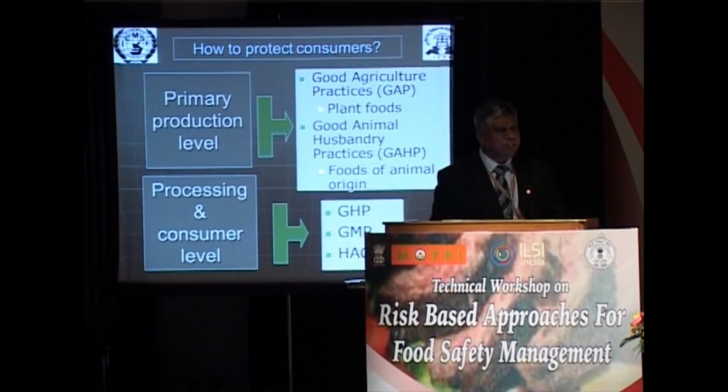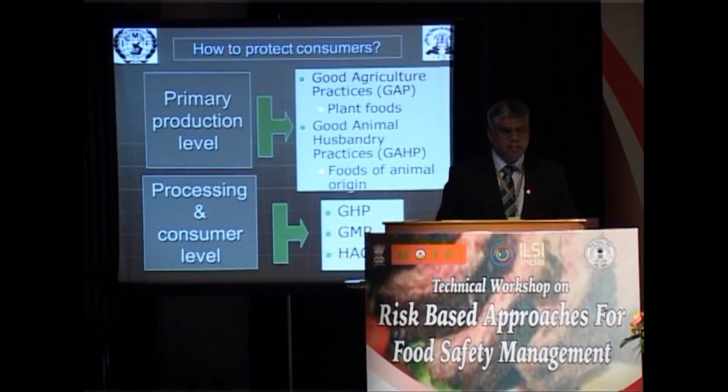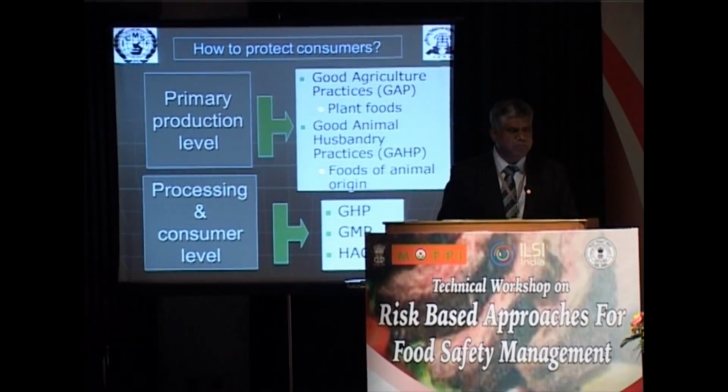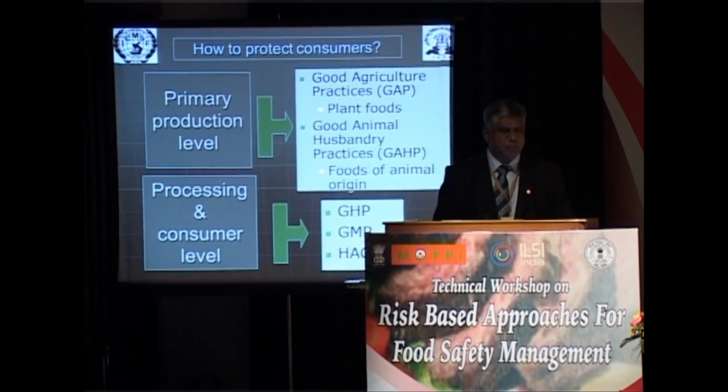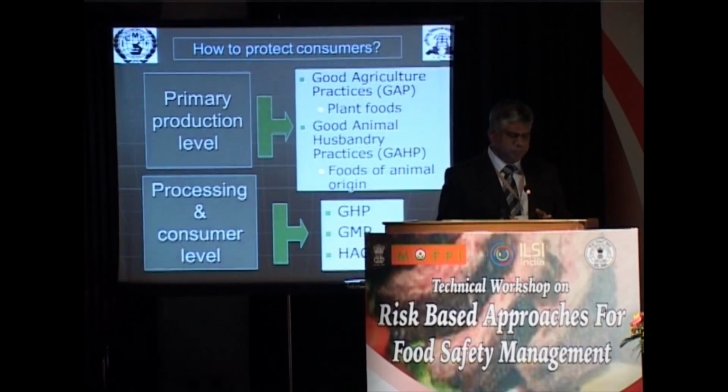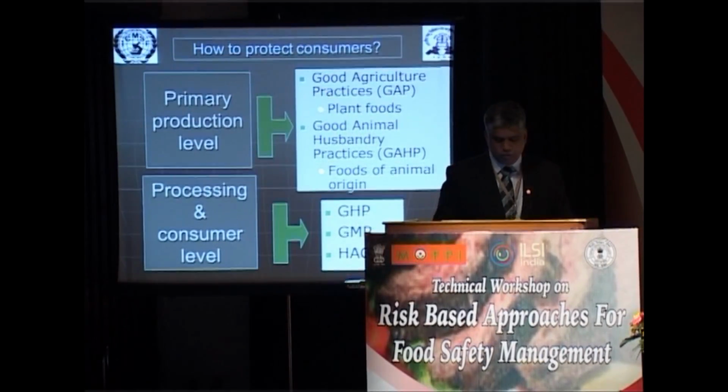At the primary production level, we already have guidelines available for good agricultural practices as well as good animal husbandry practices for animal and plant foods, and they are very good measures for controlling or preventing pathogen entry into the foods.